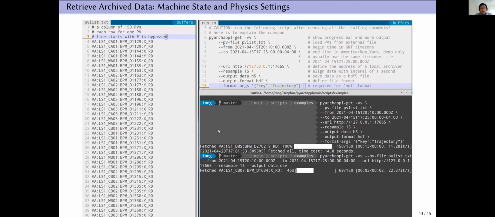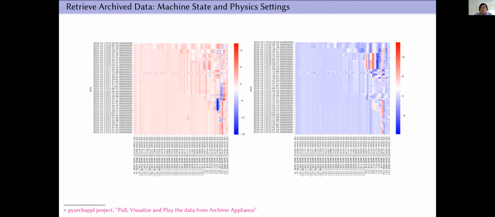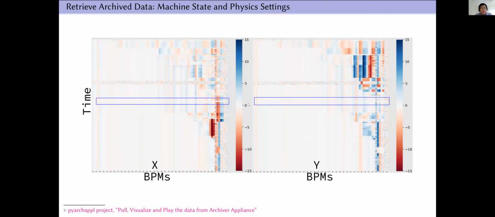And this is a tool we developed to retrieve the data from the archive, because this is very important for future machine learning applications. This is the BPM distribution. This is the good tune, and based on this tune, we can ask the settings manager to return what the setting is at this point.